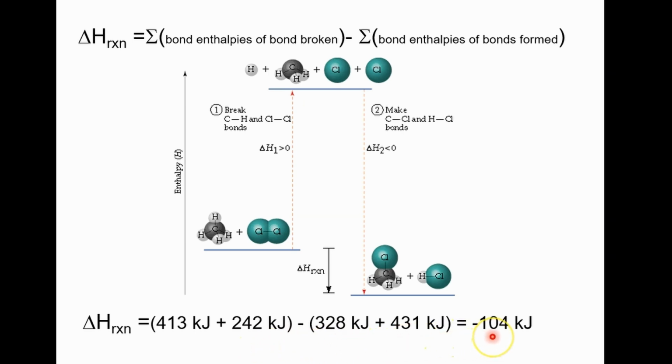And here are these numbers plugged in, and we'll see how this calculation goes. And this tells us an exothermic reaction by 104 kilojoules per mole. And we can see it's exothermic because we have a negative delta H. That means our products have less energy than the reactants. Energy is given off in the form of heat. So how does this work? We sum up the bond enthalpies that are broken, and then we subtract the bond enthalpies that were formed.